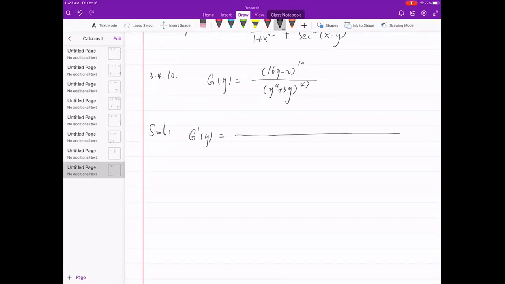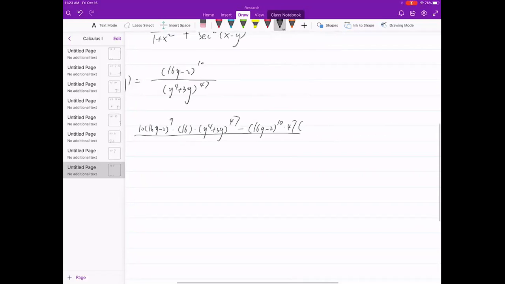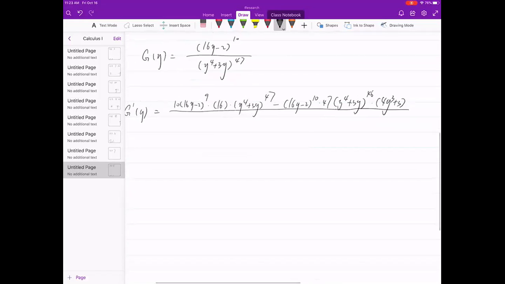The derivative of the top, minus keep the bottom, minus the derivative of the bottom, keeping the top, times 4y cubed plus 3, and then square the bottom.